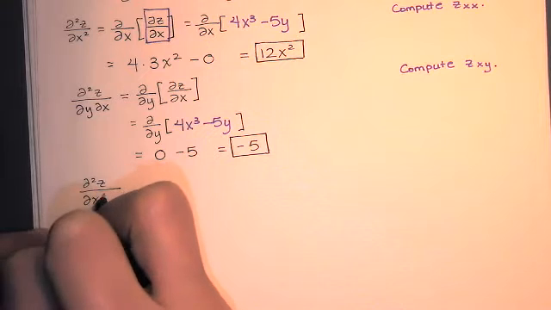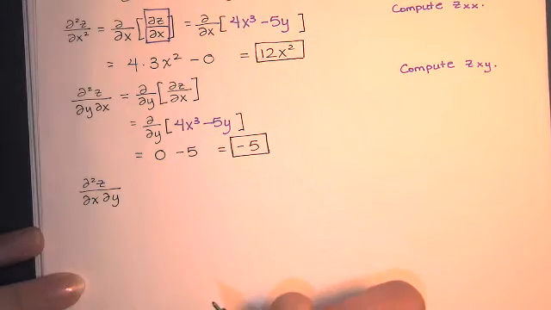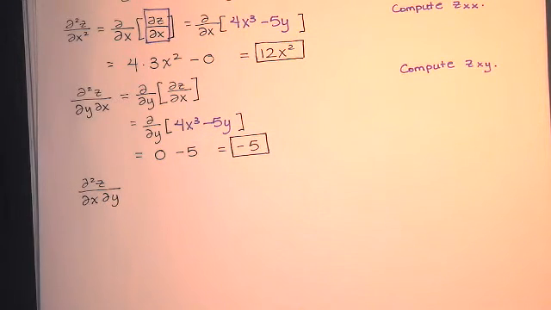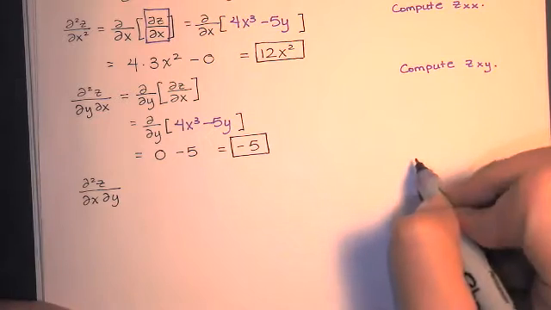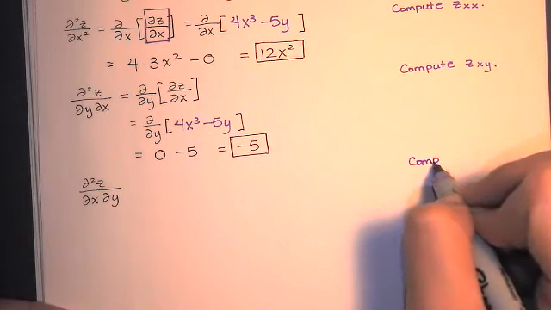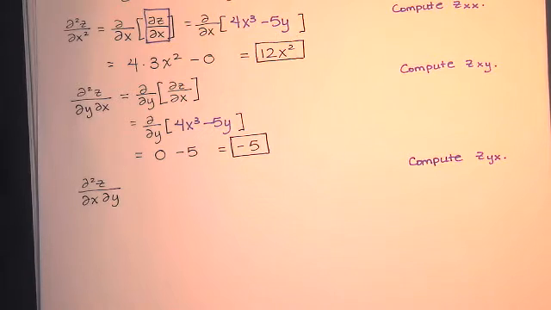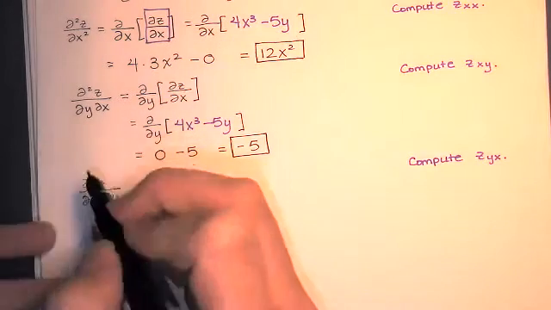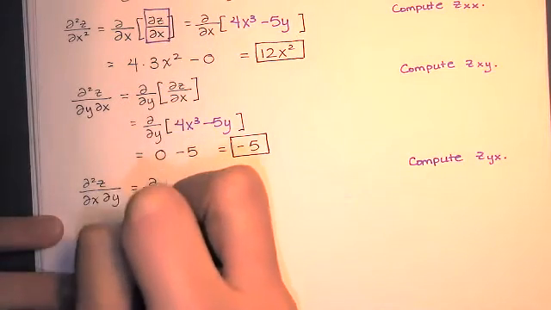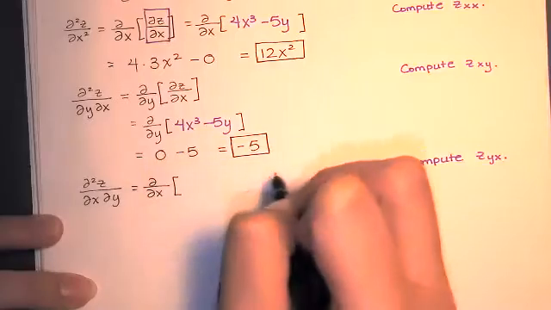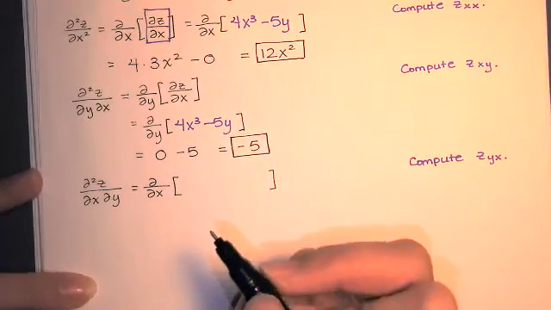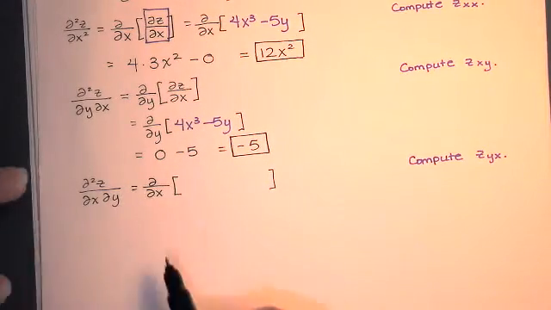This time I want to take the partial derivative of z with respect to y and take its derivative with respect to x. In subscript notation, we would represent that this way. So I'm taking the partial with respect to x of the partial of z with respect to y. That's what goes right here.